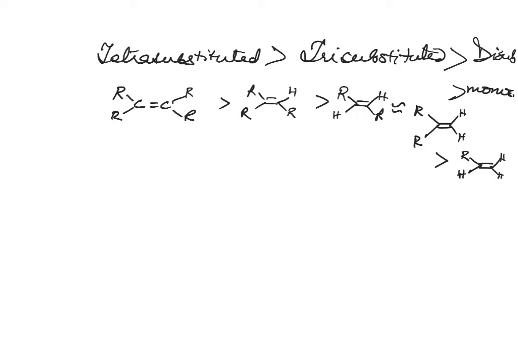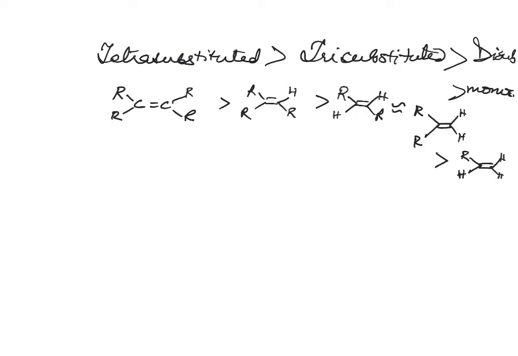So what we are saying here is that the stability of the substituted alkenes is due to the combination of two things. One is the stabilizing interaction between the carbon-carbon pi bond and the adjacent CH sigma bonds on the substituents. In other words, this has a word to describe it.